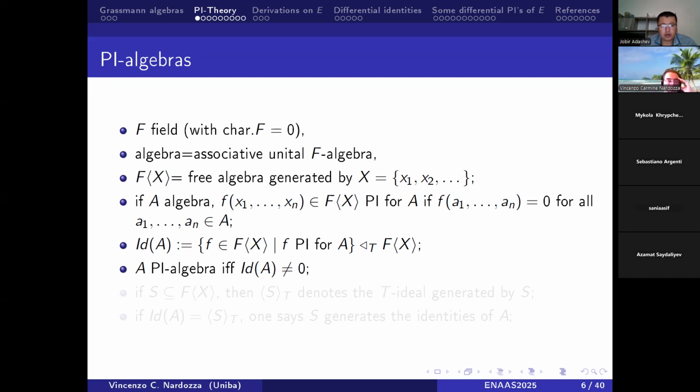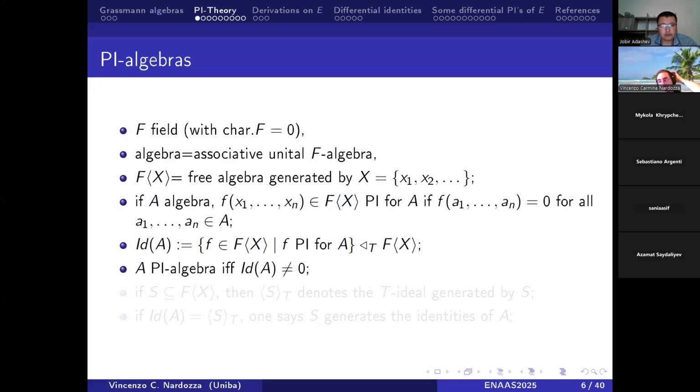The set of such polynomials is not just a set, but it is a two-sided ideal of the free algebra F of x, and it is invariant under all endomorphisms of the free algebra. It is an ideal which is totally invariant.